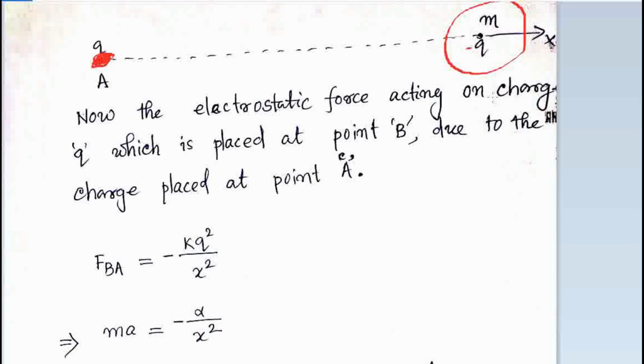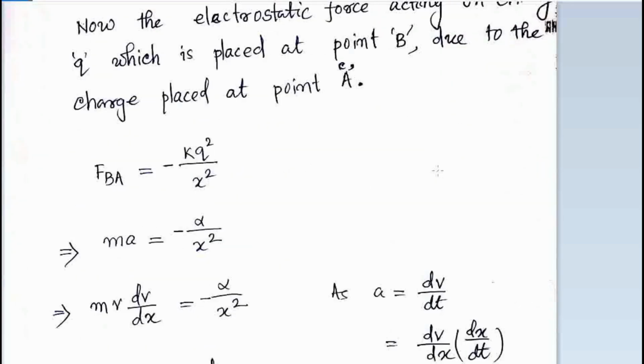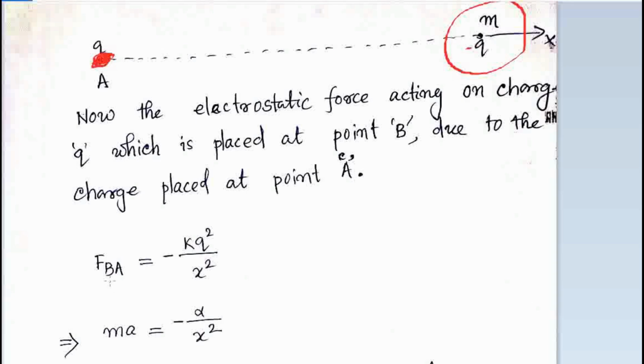So the force on this negative charge will be how much? F_BA means force on B by A. By A means the charged particle which is present at point A. Due to that charged particle, the force is acting on this charged particle which is placed at point B. This is the point B. That means this force is acting on this negative charge.